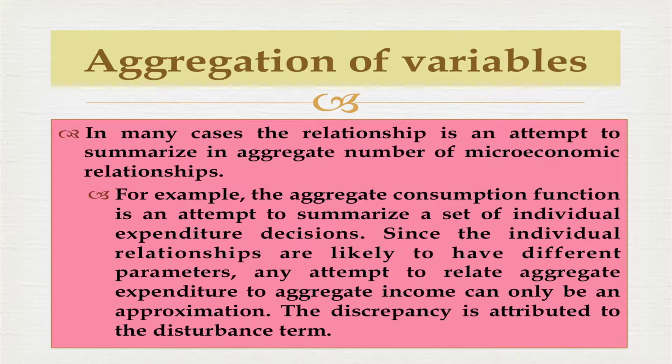Since the individual relationships are likely to have different parameters, any attempt to relate aggregate expenditure to aggregate income can only be an approximation. The discrepancy is attributed to the disturbance term.